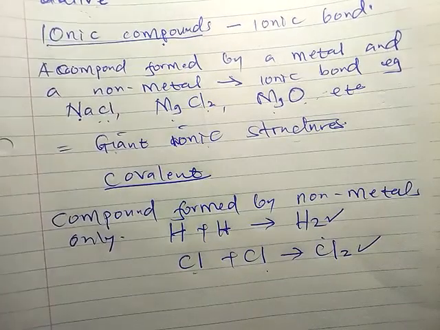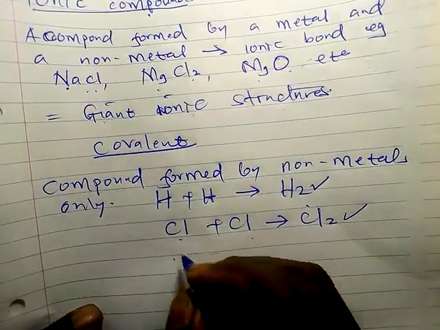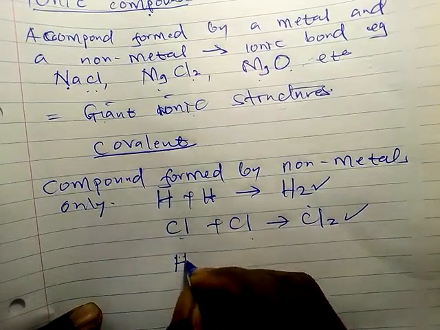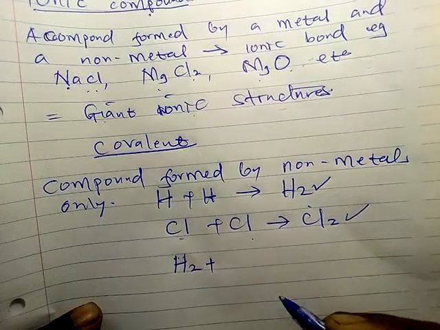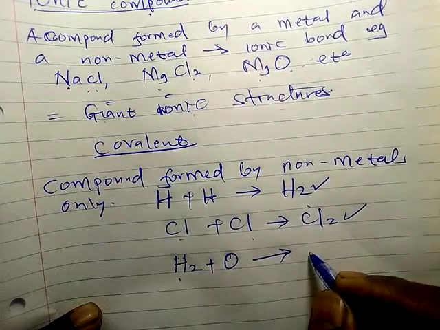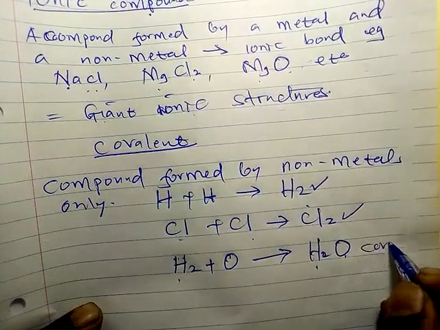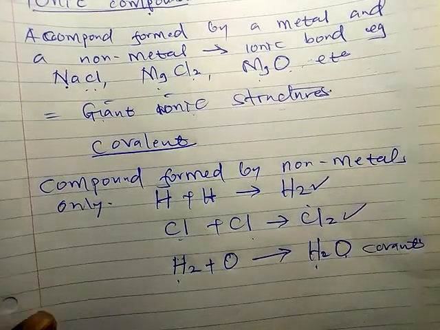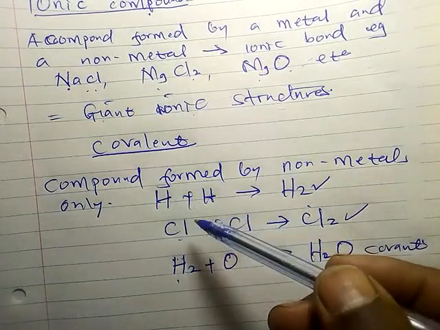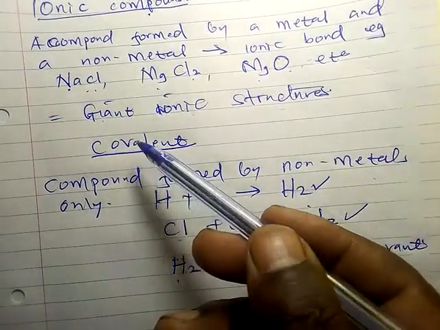That is a covalent bond. Hydrogen plus oxygen will form water. A non-metal with a non-metal, covalent. There's covalent bonding there. So that's how you know. If you see a compound that is between a non-metal and a non-metal, that one is definitely covalent.